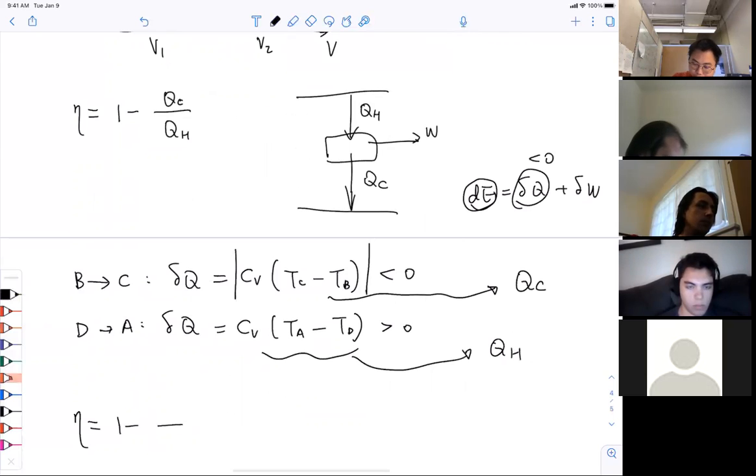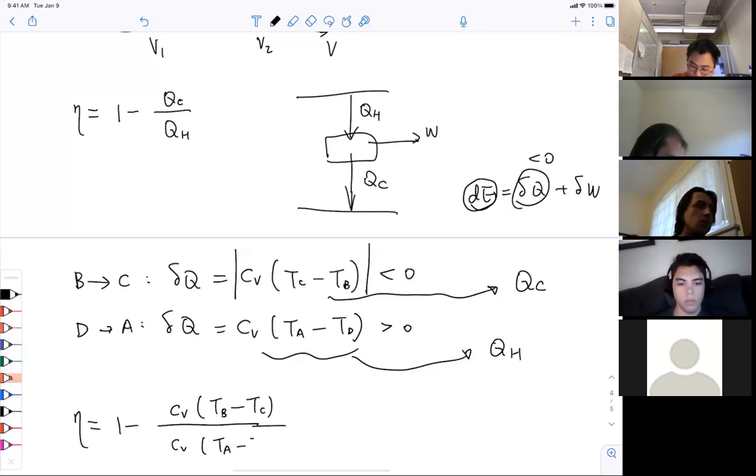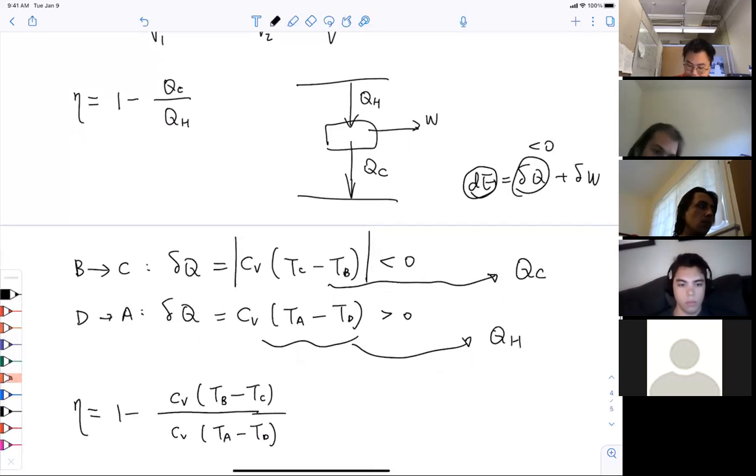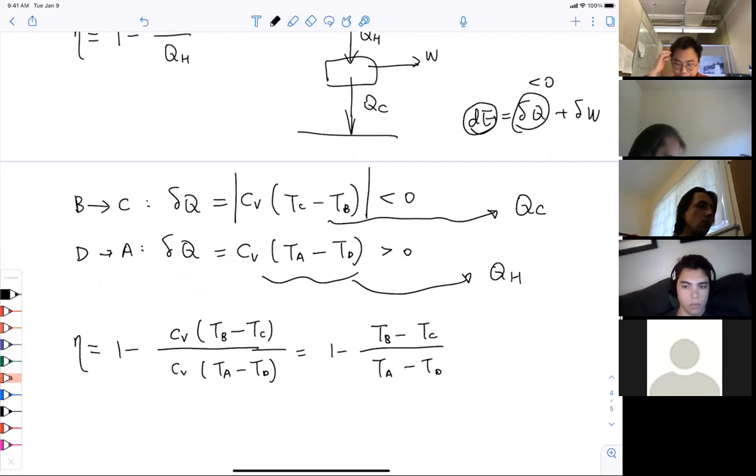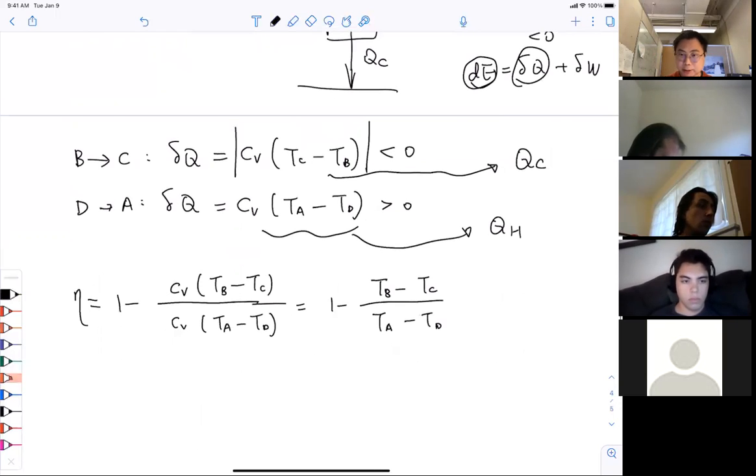So we only need to figure out CV (TB minus TC) and CV (TA minus TD). Is everything clear?